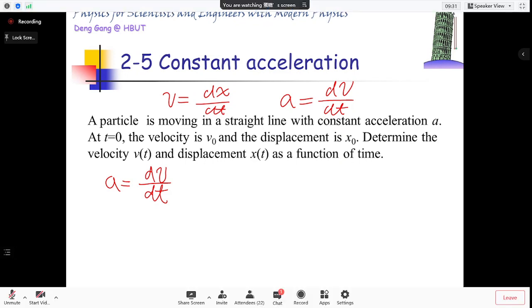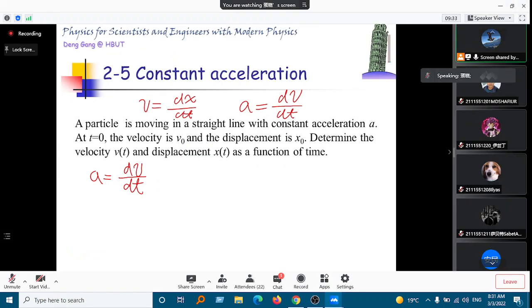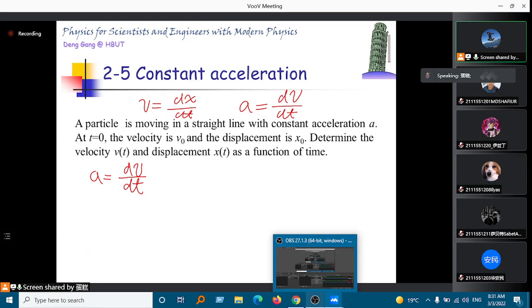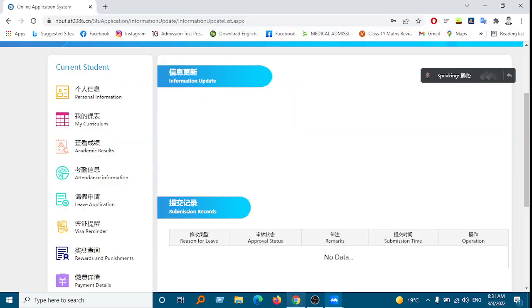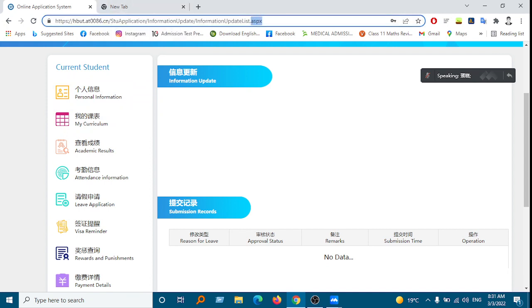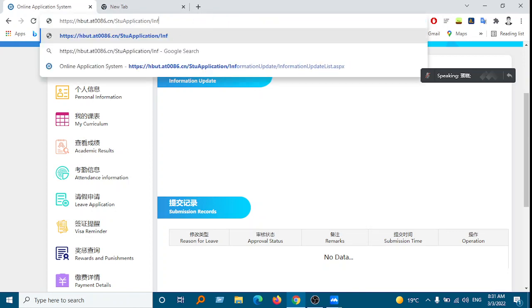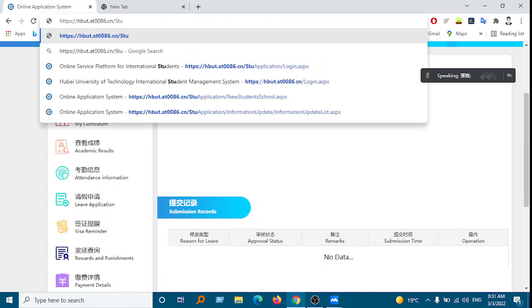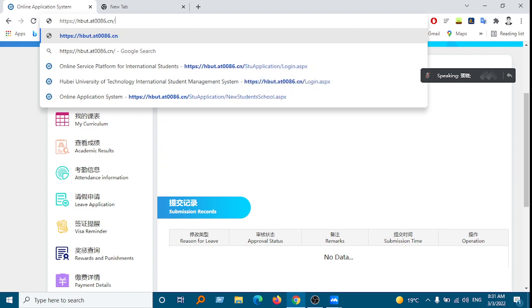We need to let each side of the equation have only one variable, so we put dt on the other side: a dt is equal to dv. Each side has one variable, and then we can take an integration on both sides.